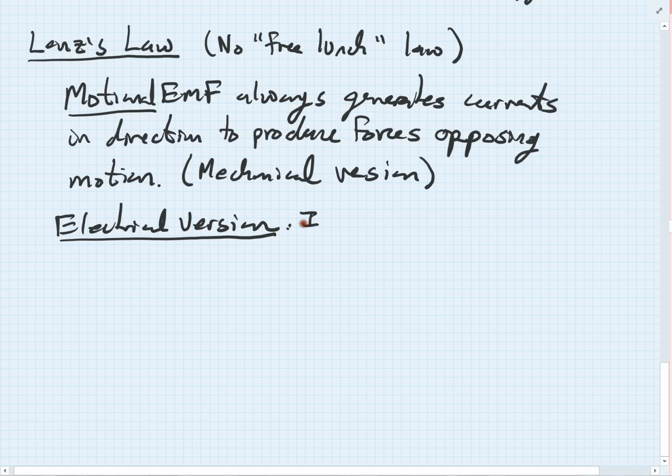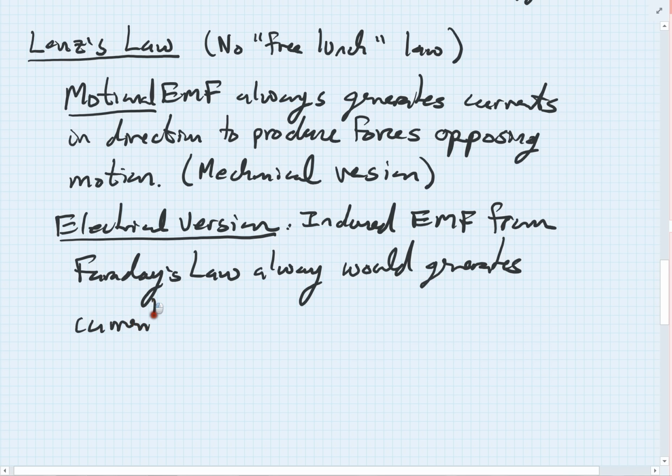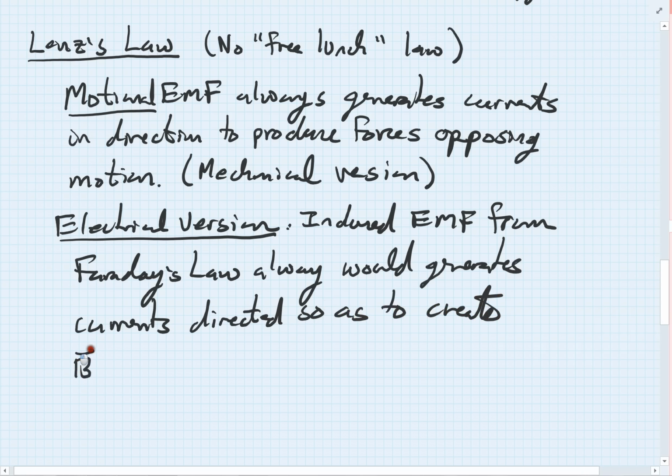that the induced EMF from Faraday's law always would generate currents directed so as to create magnetic fields, B fields, opposing the change in flux.